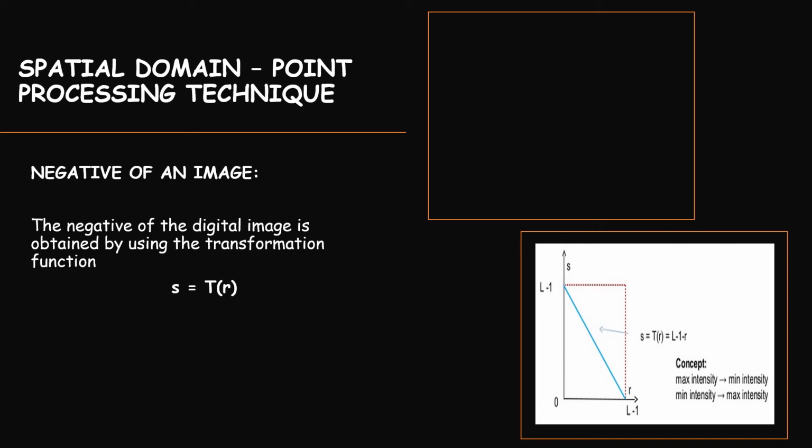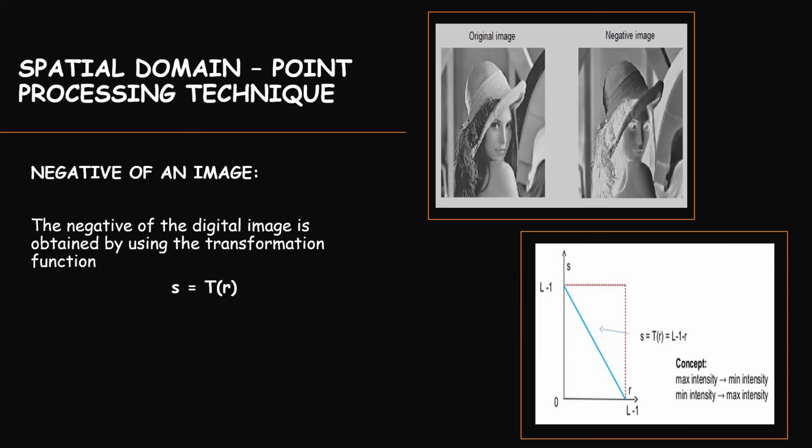So the transformation function is given by S is equal to T of R. If this is applied to the original image, the resultant negative image of the original image is also shown.